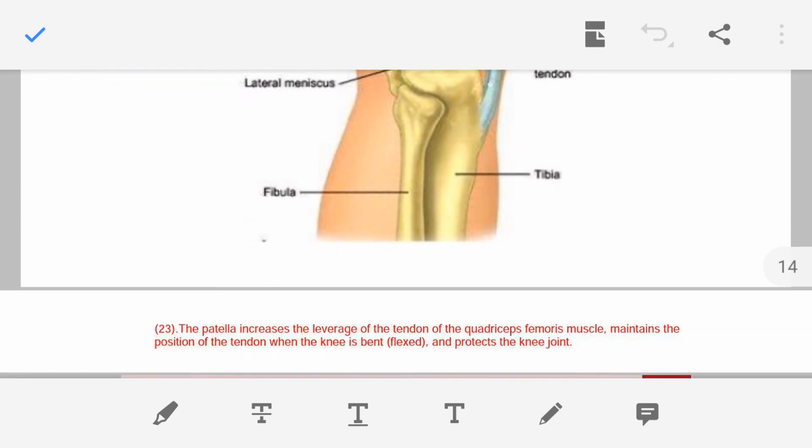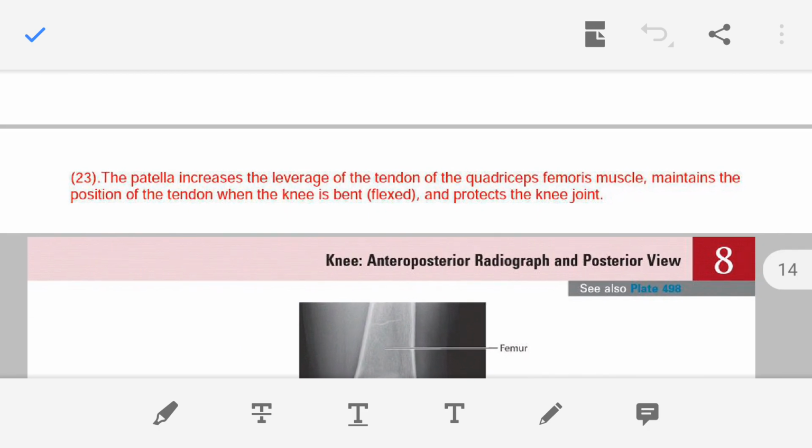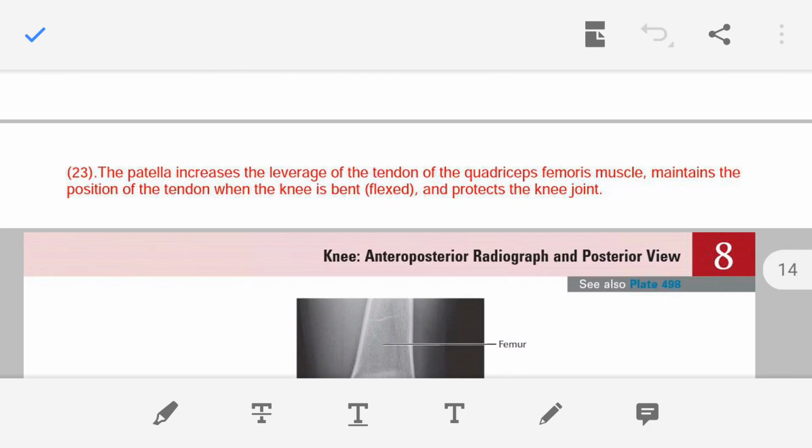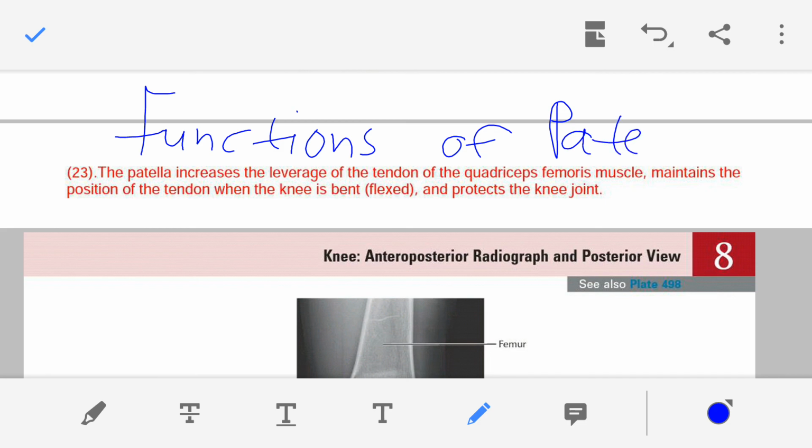Now moving on to the last point of this presentation lecture. Now this point is the functions of tala. What the tala is doing.